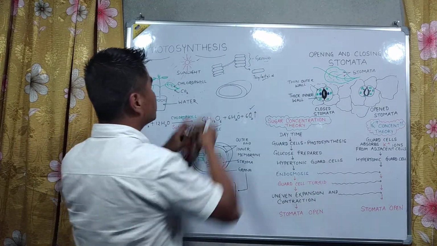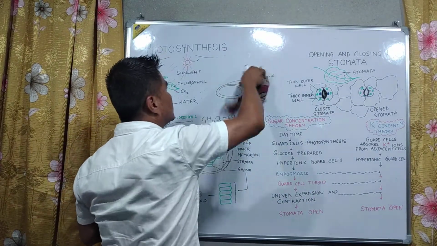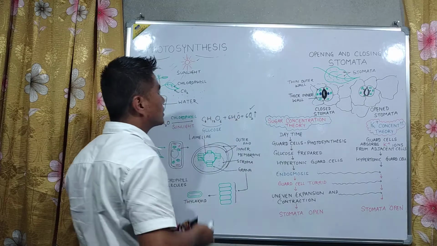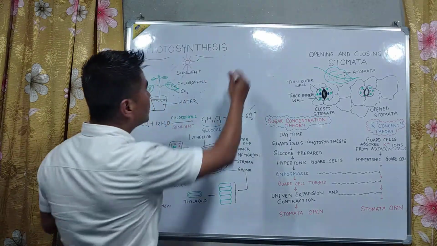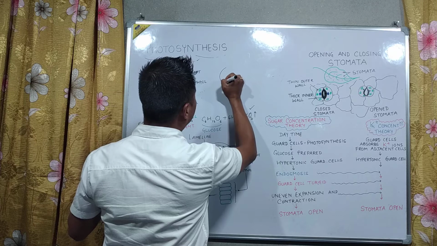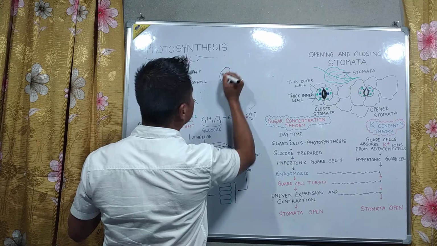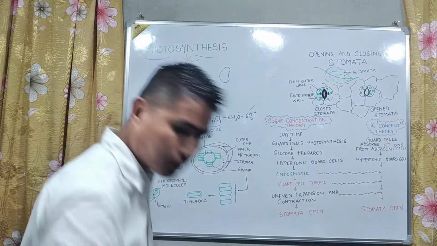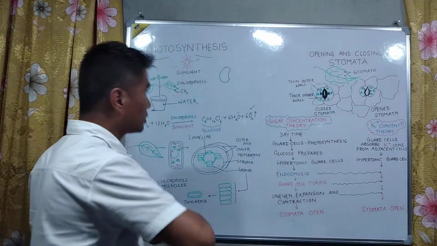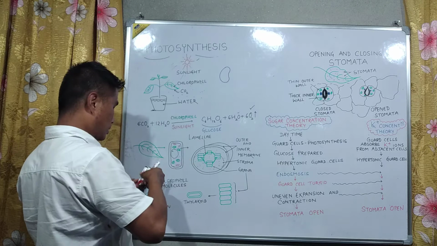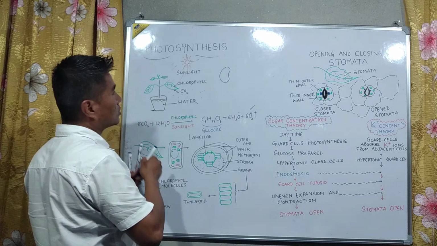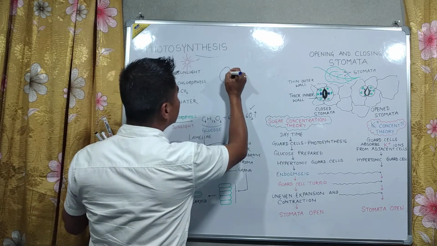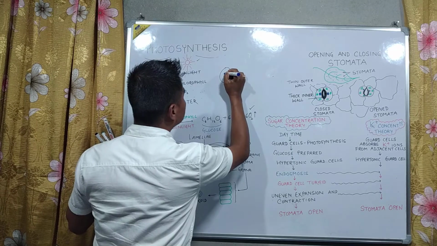So here, now this is one guard cell which is a kidney shaped cell. It's a plant cell, and this is the nucleus.